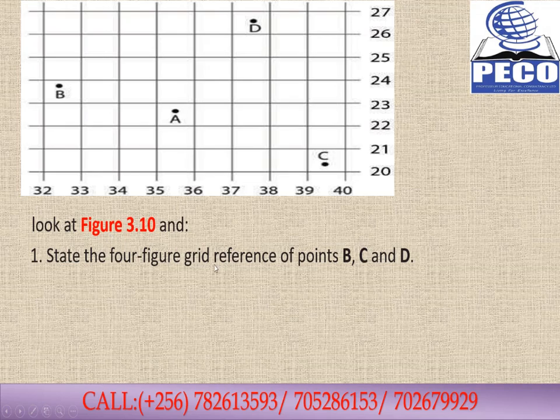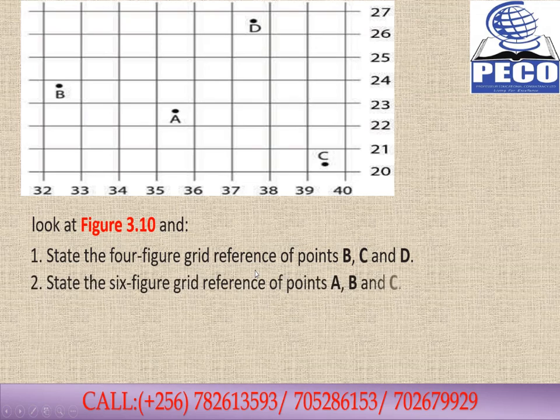So try to find out the 4-figure grid references for C and D. Then you're going to equally try out, get a ruler, and find the 6-figure grid reference of points A, B, and C. Already for point A, the 4-figure grid reference, we've said it is 35, 22.